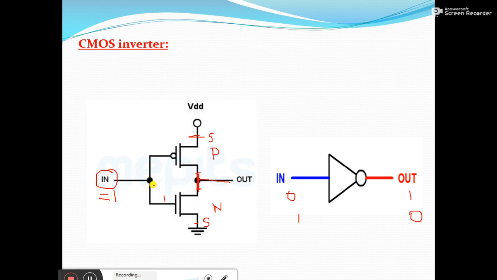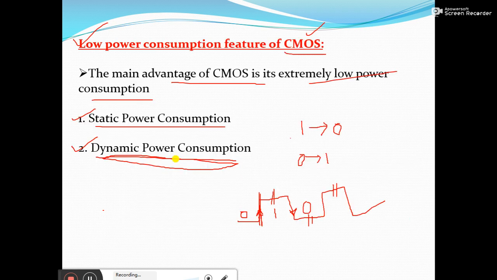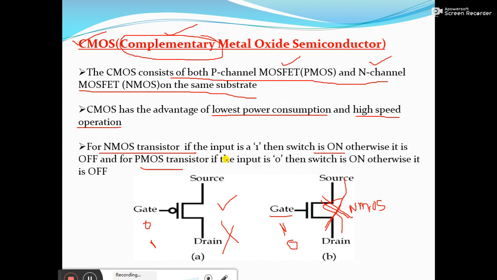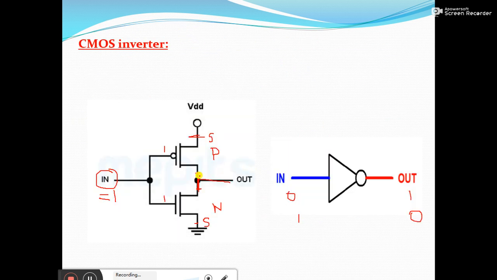If the input provided is 1, no doubt 1 will go here at the NMOS, and 1 will go at the PMOS as well. As we saw in the slide, if the input is 1, NMOS will be in on condition, otherwise it will be off. And for PMOS, if the input is 0, the switch will be in on condition, otherwise it is off. Since for PMOS the input is 1, it will be in off condition, and for the NMOS, since the input is 1, it will be in on condition.